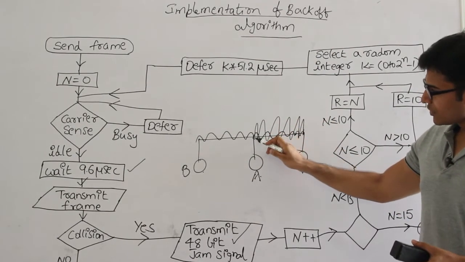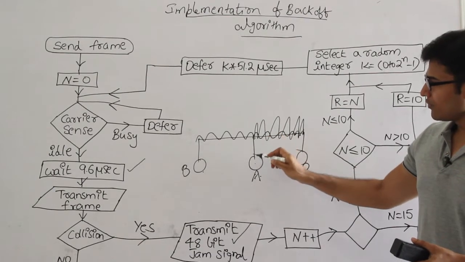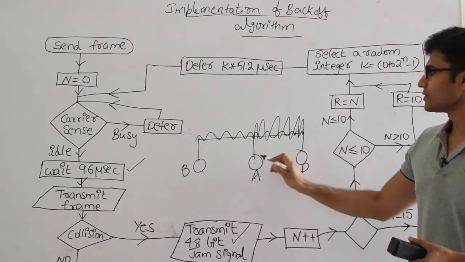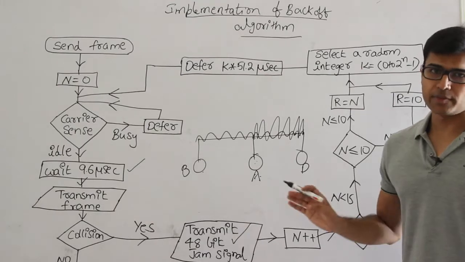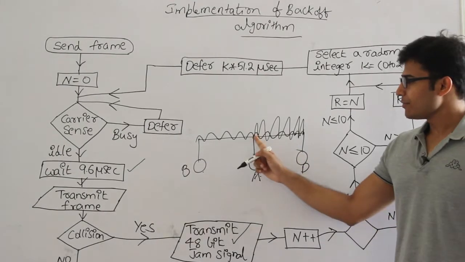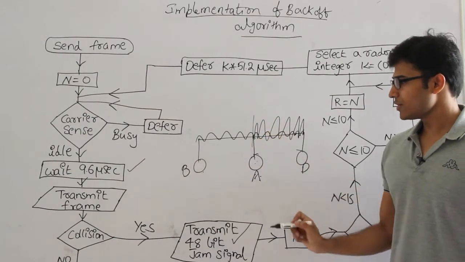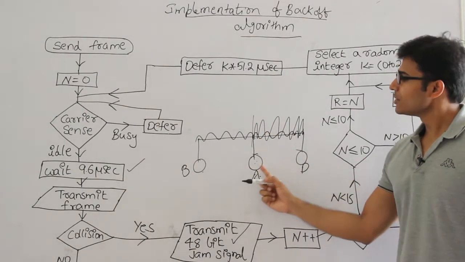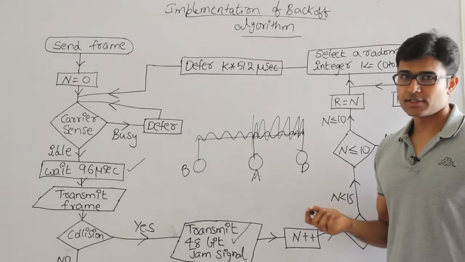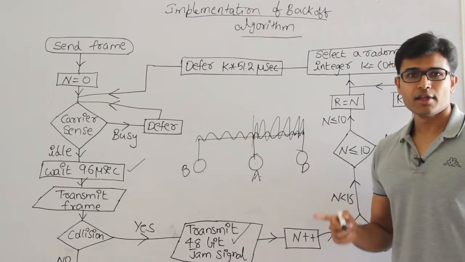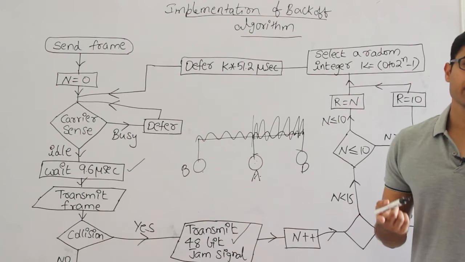Who will listen to this collision signal first? A. Therefore A will immediately stop transmitting its data, completely stop it. Then abruptly B will see that A has sent only part of the data and it stopped. Therefore you should even inform B and everyone else in the channel, whoever is listening to the data, that there is a collision, therefore I stopped it.